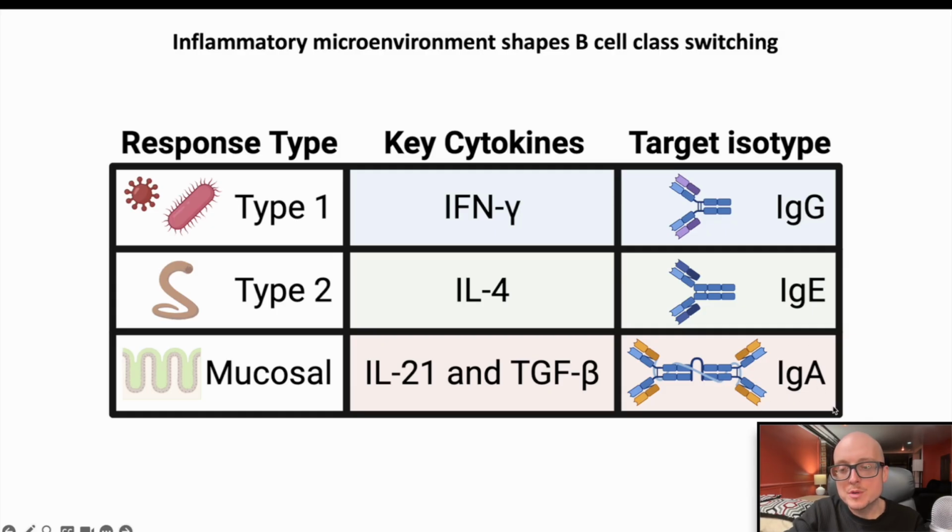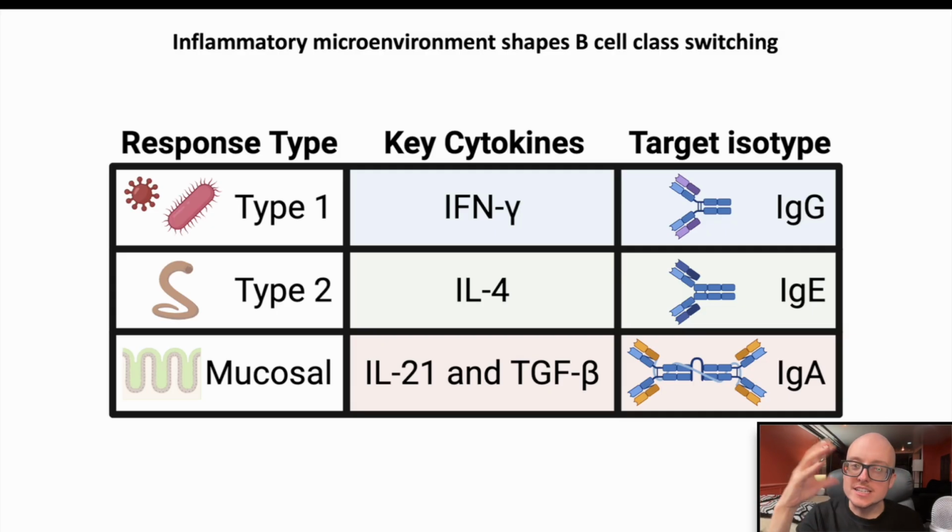And IgA is particularly enriched in the mucosa, and it has some special features which allow it to survive in the harsh environment of the mucosa and interact especially with the bacteria that tend to colonize those areas, especially opportunistic bacteria that would like to invade the body through those surfaces. And so the direction of class switching towards IgA at mucosal surfaces also serves a very important immunological function.